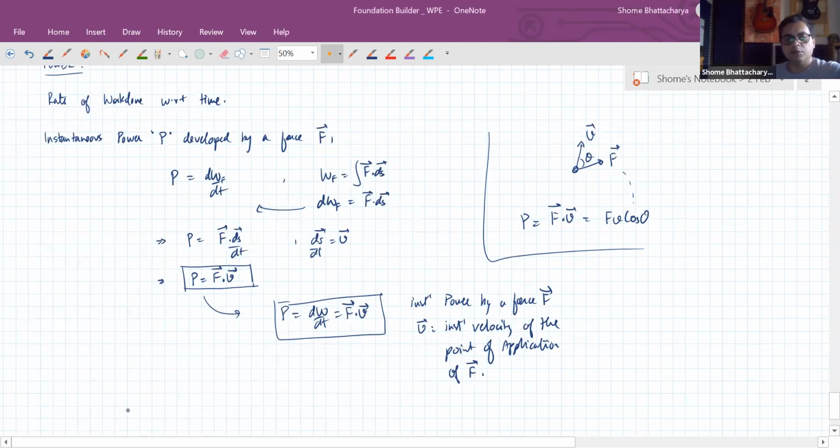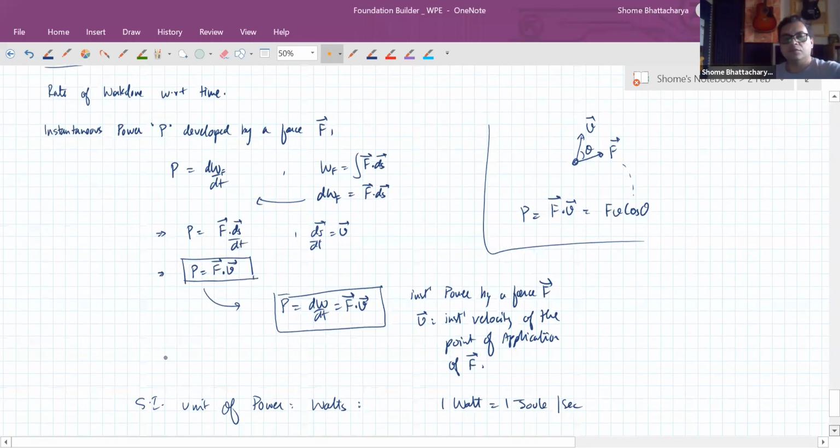Okay, now the unit of power is watts. 1 watt is equal to 1 joule per second.